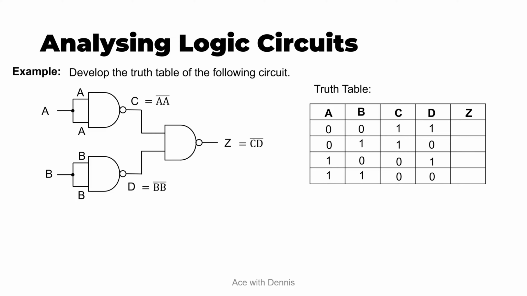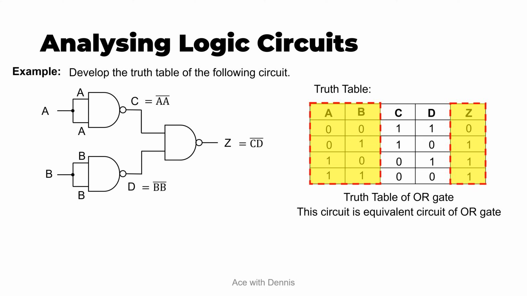For the output Z, it will be C D bar, hence the result is 0, 1, 1, 1. Now compare the logic for AB and Z. It is actually the truth table of an OR gate. Hence, this circuit is an equivalent circuit of an OR gate.